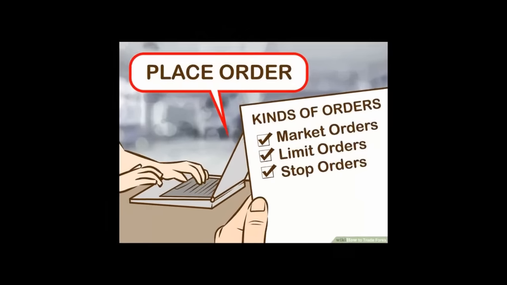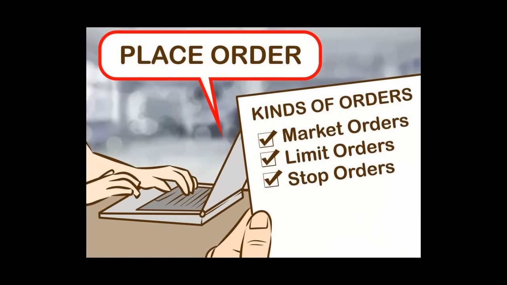Third, place your order. You can place different kinds of orders. Market orders. With a market order, you instruct your broker to execute your buy/sell at the current market rate. Limit orders. These orders instruct your broker to execute a trade at a specific price.